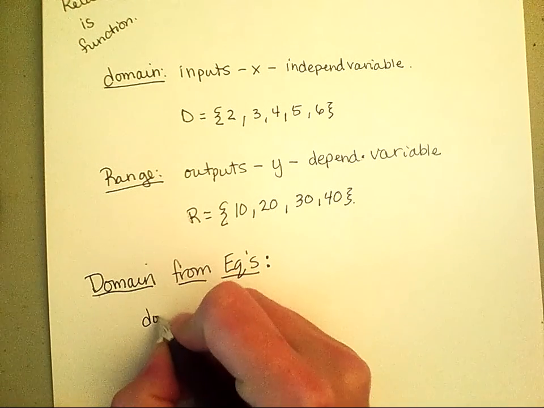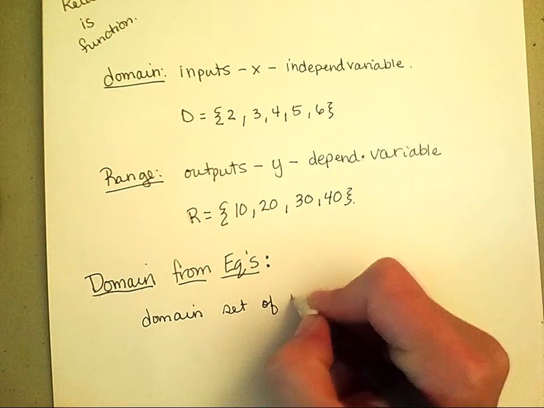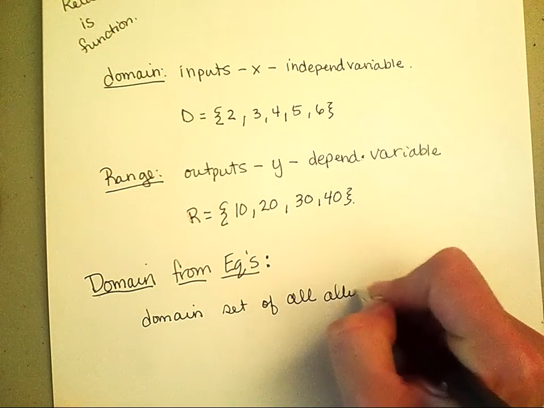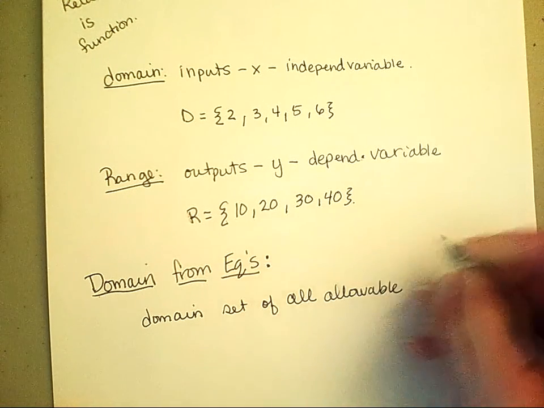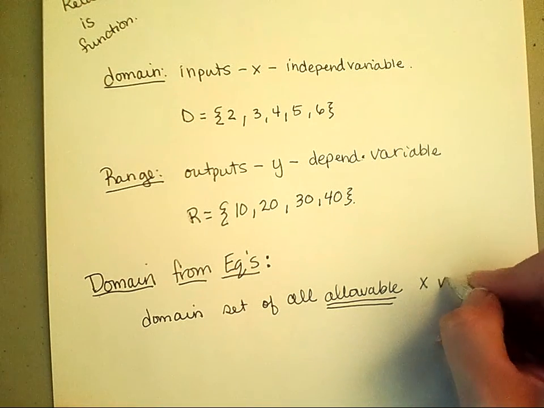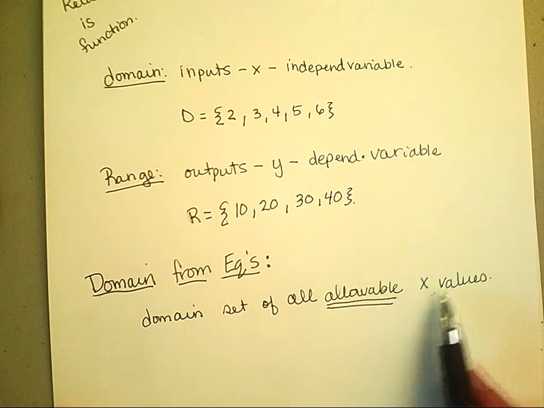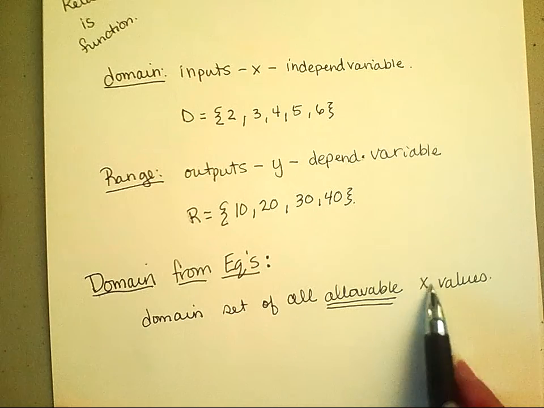The domain is really the set of all allowable, so this is the keyword, allowable x values, also the independent variable, so the set of all allowable x values.